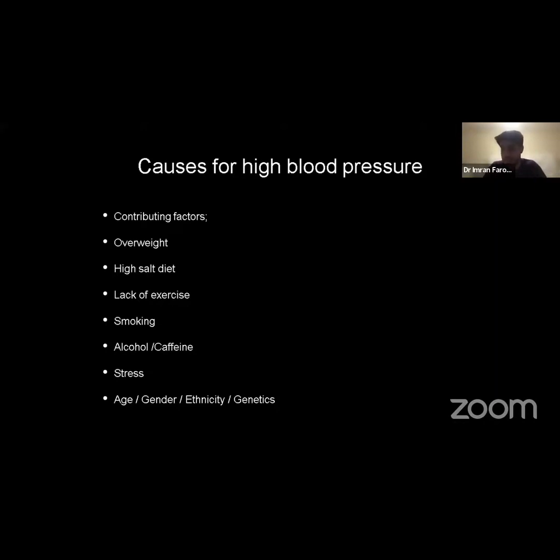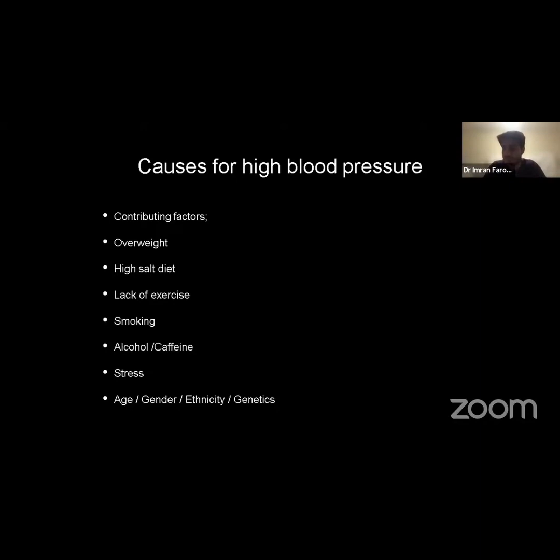So being overweight, having too much fat particularly around the stomach area, is an important risk factor. Having a high salt diet, that's really, really important in causing high blood pressure.